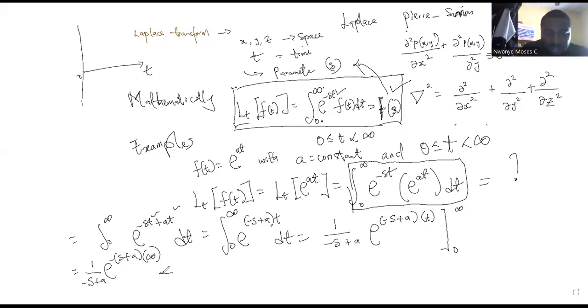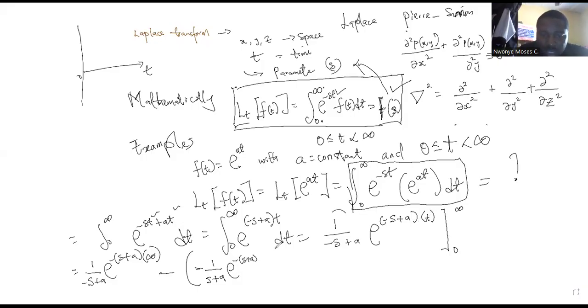Now, minus, I'm going to substitute 0 for t in the whole of this expression again. So I have, this is minus 1 upon s plus a, which is this expression over here, multiplying exponential, and I have minus s plus a of t.